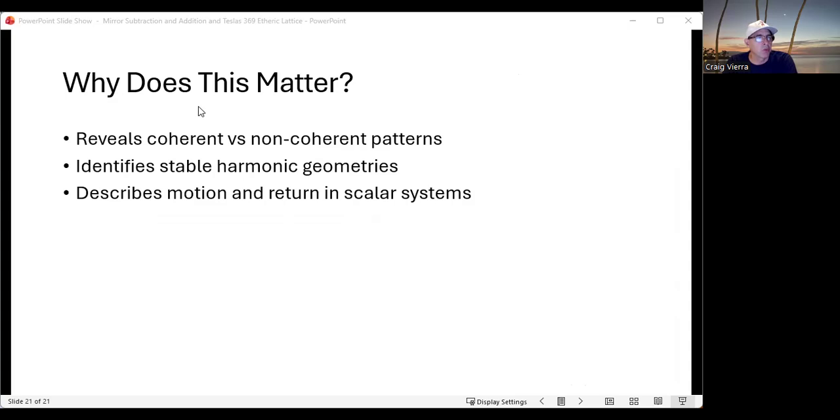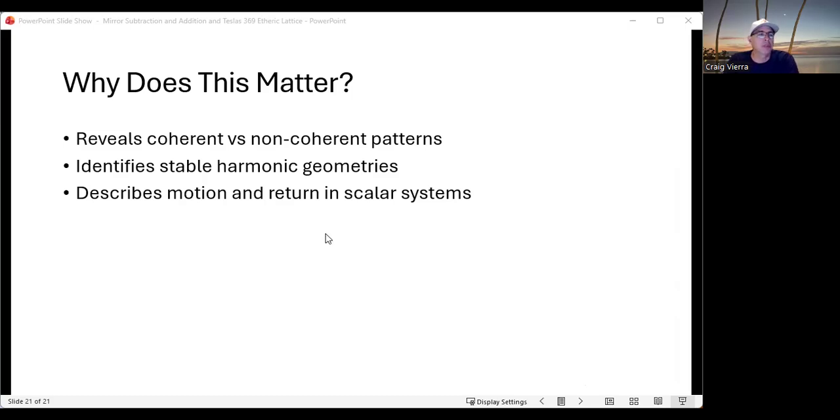So, really, why does this matter? If you look at the mirror subtraction, it reveals coherent patterns, and it also reveals non-coherent patterns. So the 1089 multiple family, this is the coherency. The other numbers are not coherent. It identifies the stable harmonic geometries and describes the motion and the return in scalar systems.